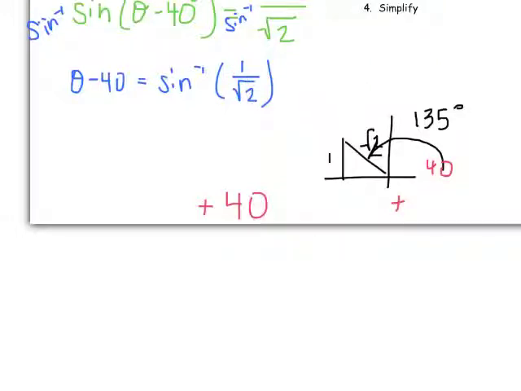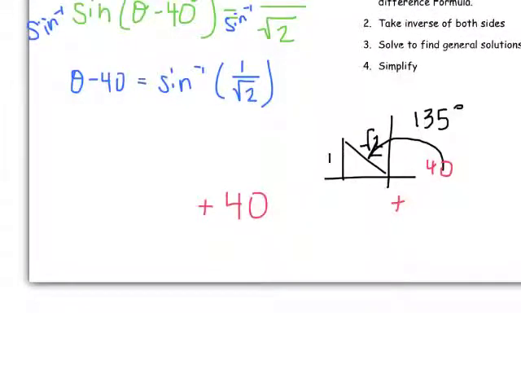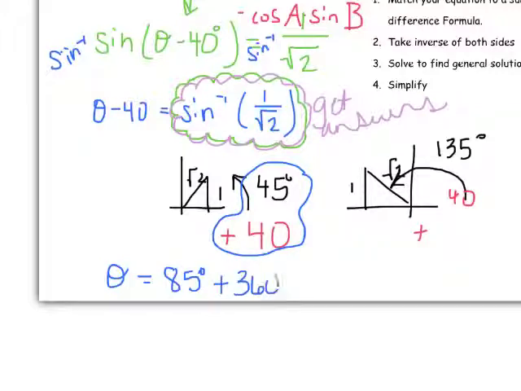All right, so my first theta answer is that theta is going to equal, so this makes 85. And then we're still going to add a full circle around, any full circle plus that, all right?